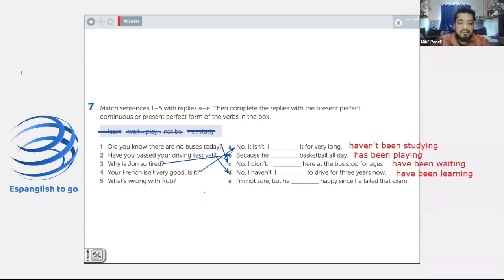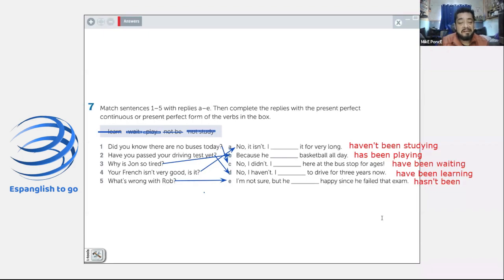So the answer for number 5, what's wrong with Rob is letter E. And the complement is, I'm not sure, but he hasn't, negative, hasn't, and then verb to be, been. He hasn't been happy since he failed that exam. We cannot use present perfect continuous in this case because it's not an action. Yes? To be happy is not an action.